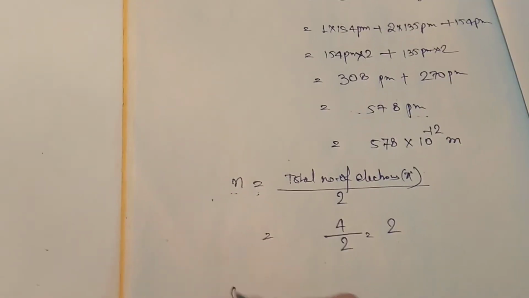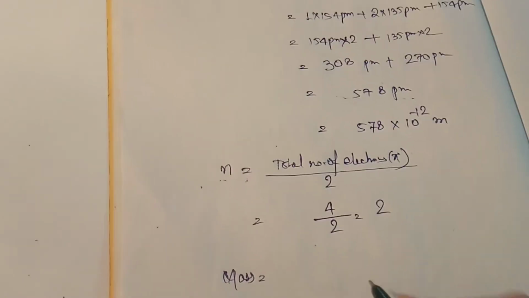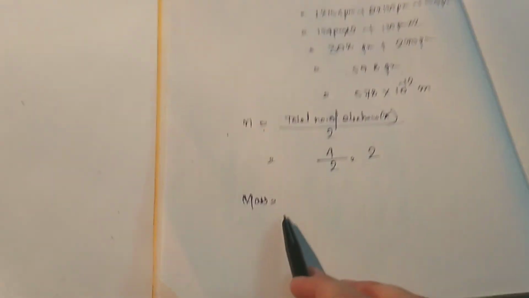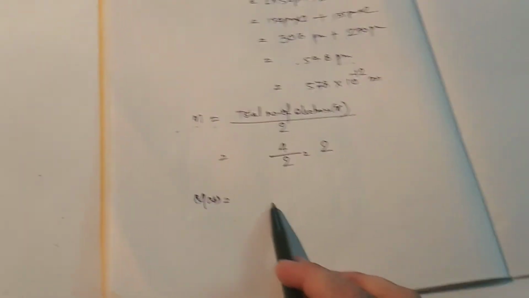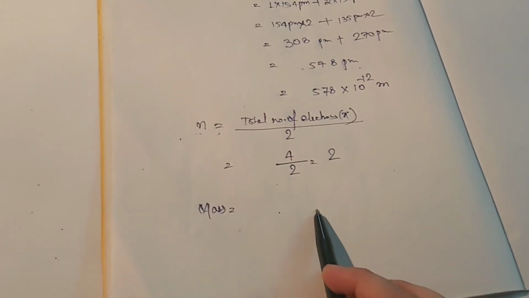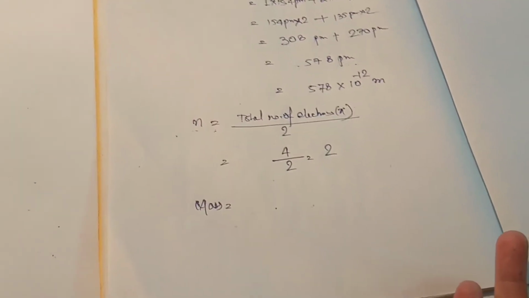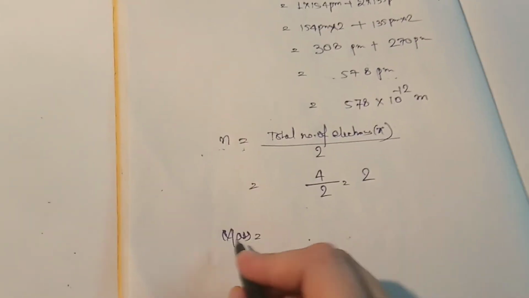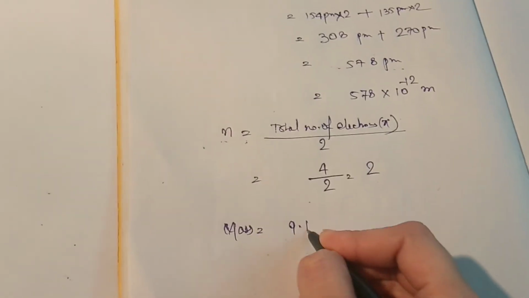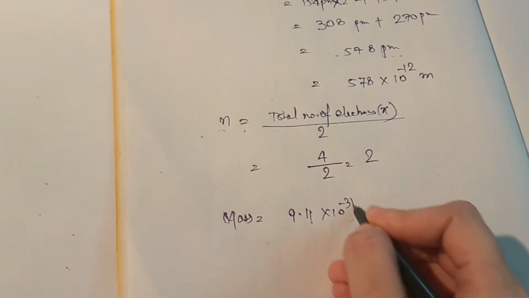The mass of the particle is the mass of the electron, because these are the pi electrons which are delocalized all over the butadiene molecule and can be correlated with a system like a particle in a one-dimensional box. So the mass of the electron is 9.11 into 10 to the power minus 31 kg. We will use all these values to calculate the delta E value.